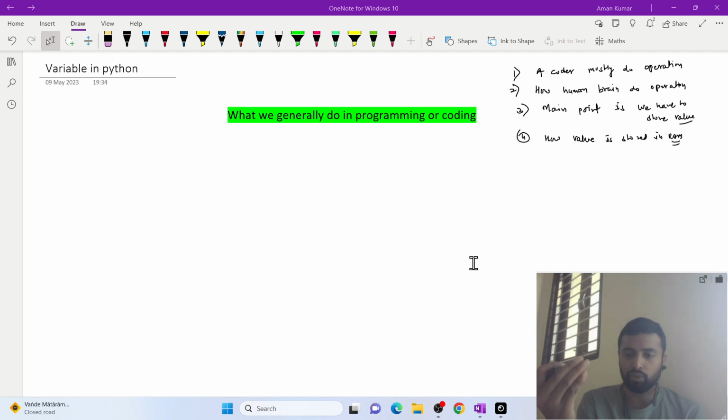When you become a coder, programmer, or software engineer in future, you will see that most of the time you are performing some kind of operation. Let's say you have written 200 lines of code. Most of the coding part will be some kind of operation.